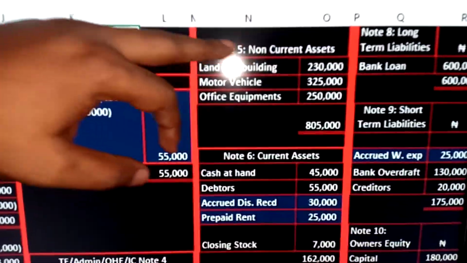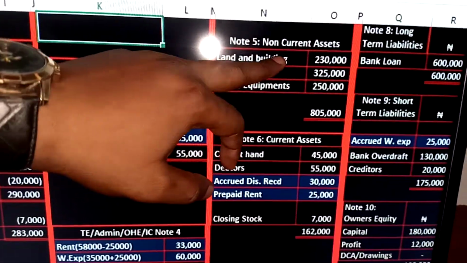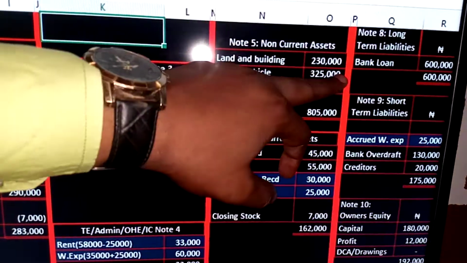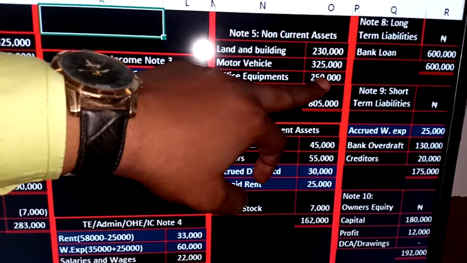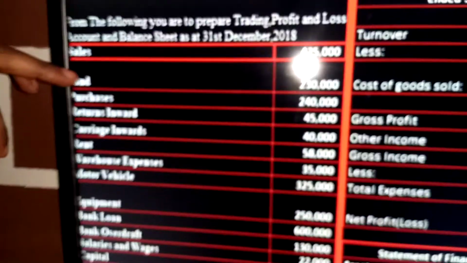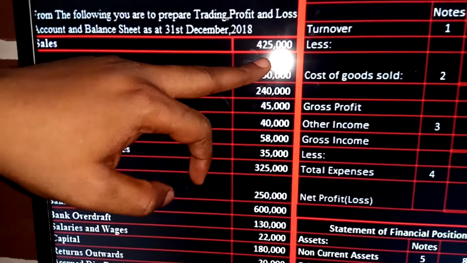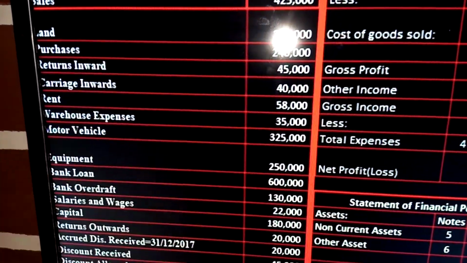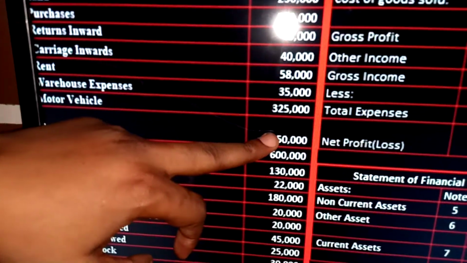Non-current assets, note 5. Land and building 230,000. Motor vehicle 325,000. Office equipment 250,000. These were all gotten from the question. You can see your land and building here, 230,000. Motor vehicle is here, 325,000. Equipment is here, 250,000.